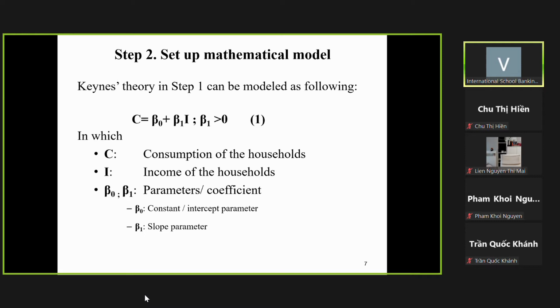And beta 0 is the constant or intercept parameter, and beta 1 is the slope parameter.